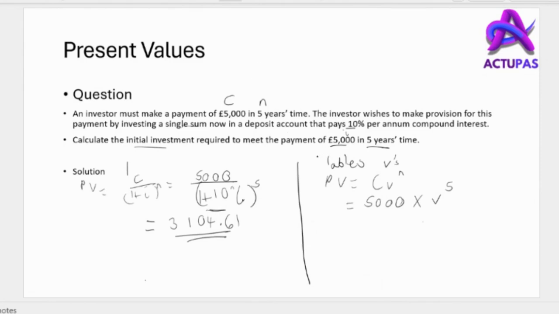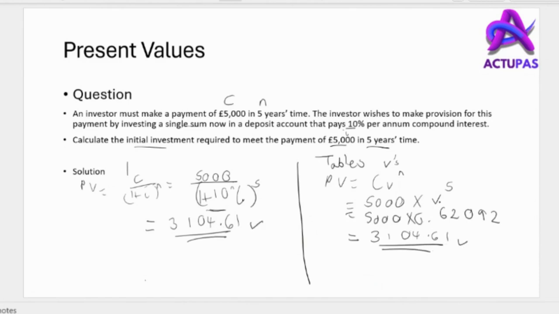From the tables, we found that v to the power 5 is 0.62092. So 5,000 times 0.62092 is equal to 3,104.61. And as you can see, the answer is the same.